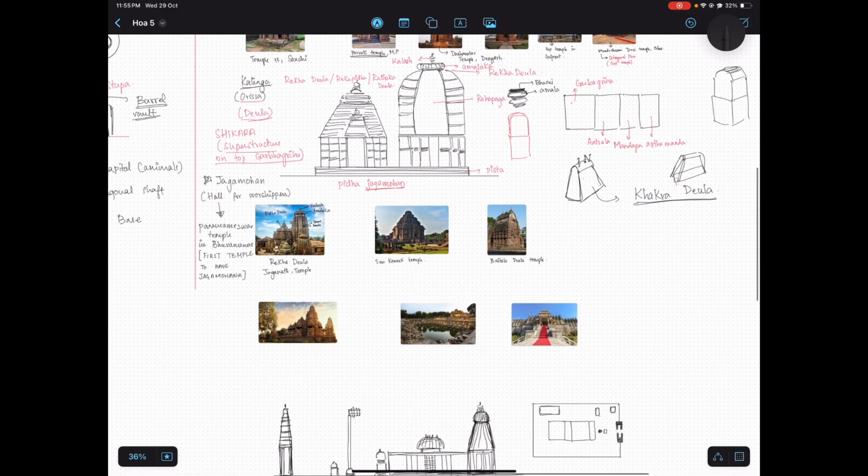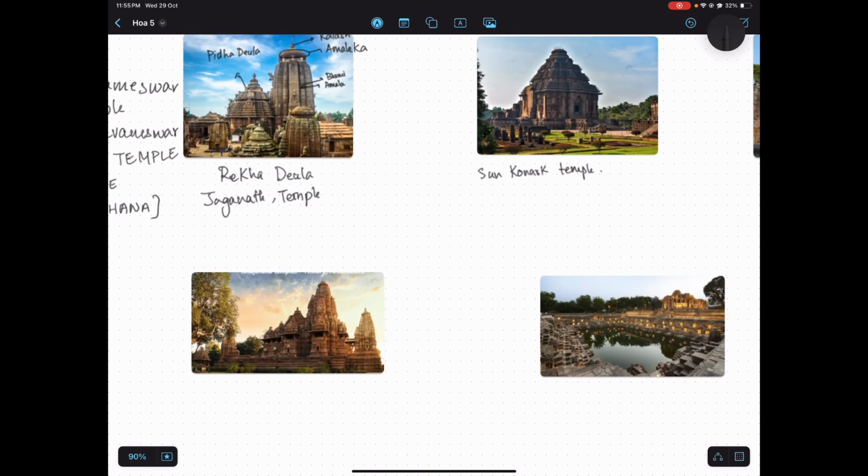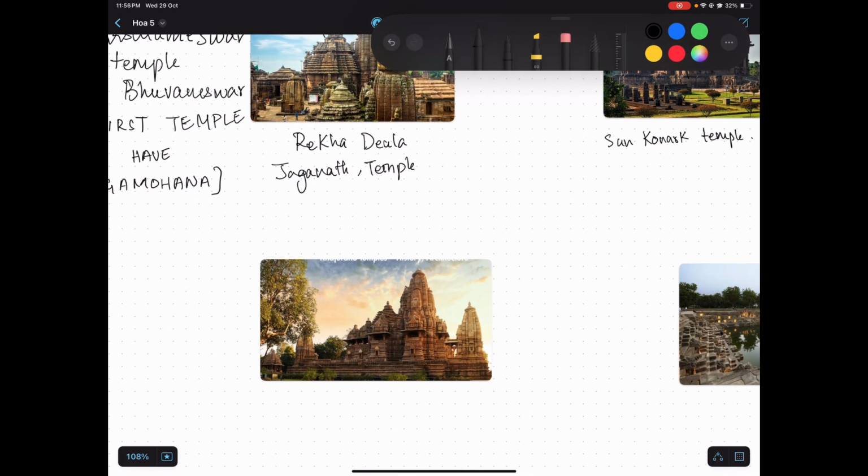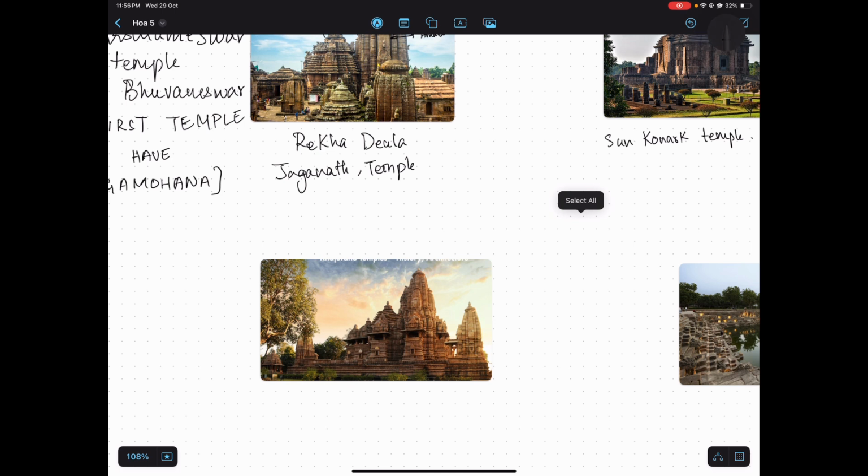Now we can move on to the other. In Madhya Pradesh there is a region called Bundelkhand, which is ruled by the Chandela rulers, and they developed a temple style called the Khajuraho style.